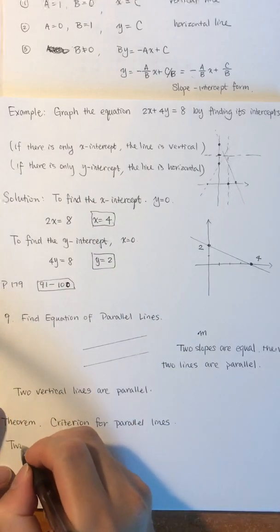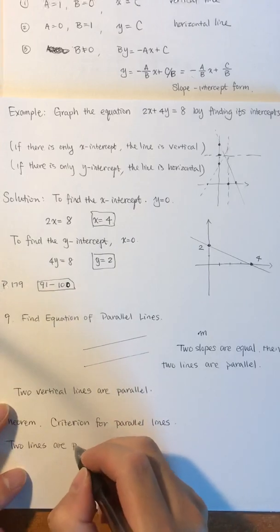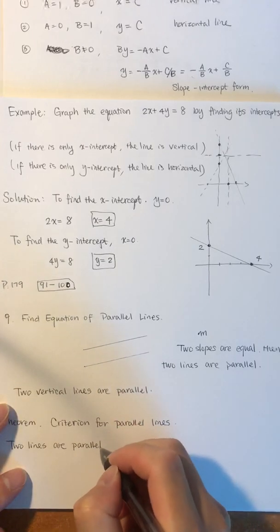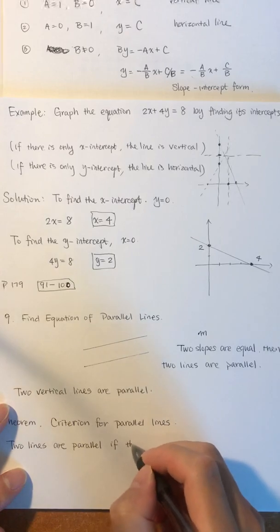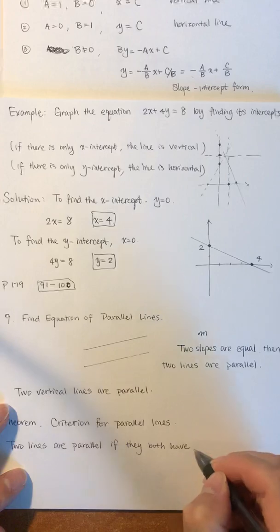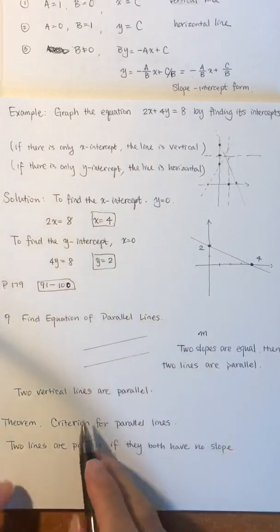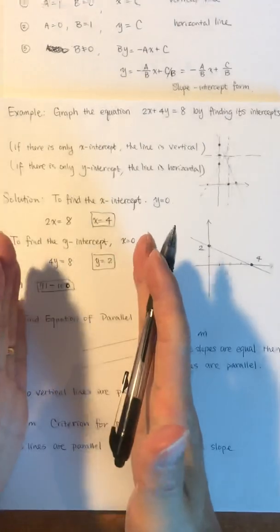Two lines are parallel if they both have no slope, meaning they are both vertical.